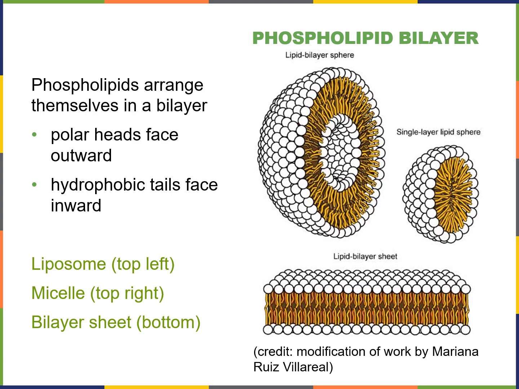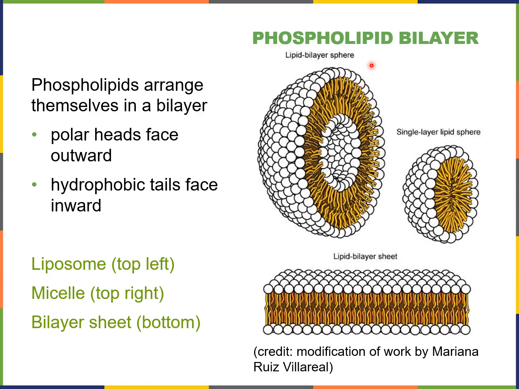When many phospholipids gather, they naturally arrange themselves into structures based on their amphipathic properties. Bilayer sheets. This is a structure we typically see in membranes, where the hydrophilic heads face the outside of the cell and the inside of the cell, while the hydrophobic tails face inwards.